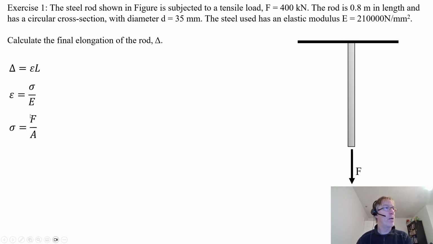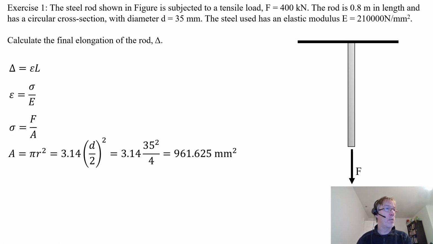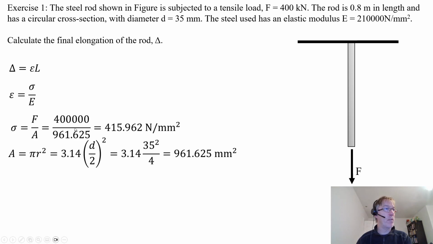We have the force, that's 400. We should be able to calculate the area, because the area is just pi r squared. So there's the area there, pi r squared. We can then get the stress from that, add it in, and we'll just work our way back up.